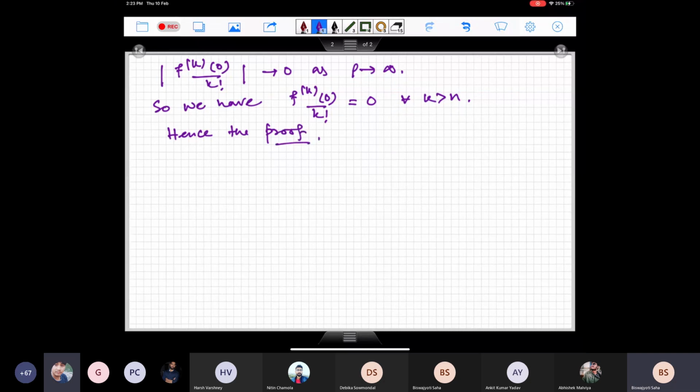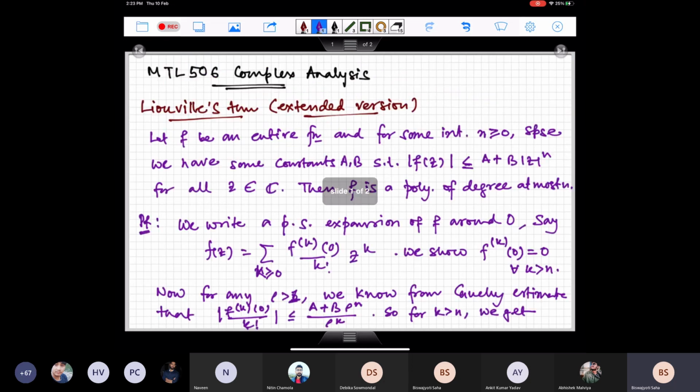is it clear to all of you? Yes, sir. You see, the proof became effectively one line. In fact, there is absolutely no difference in the proof whether you write this one or you write Liouville's theorem. This includes, of course, the proof of Liouville's theorem. As I said, this is the extended version.